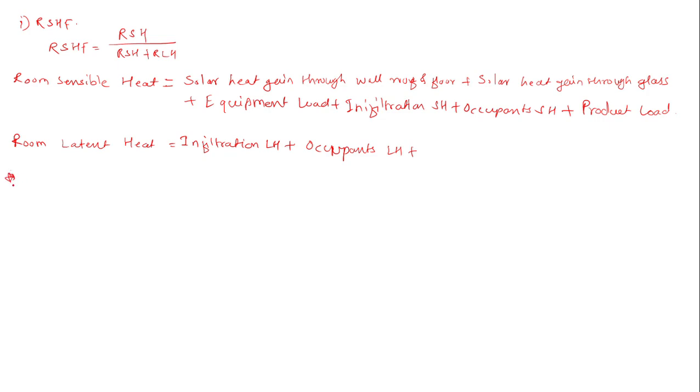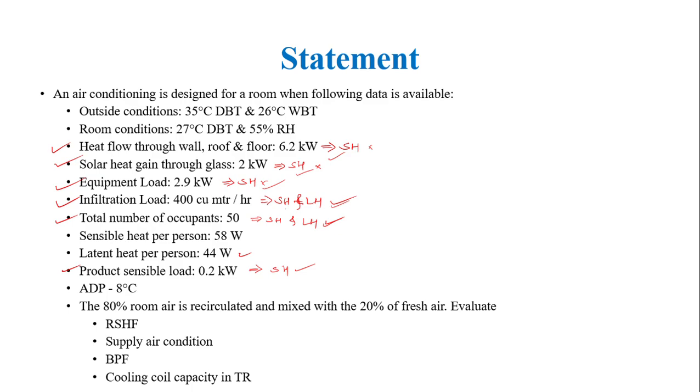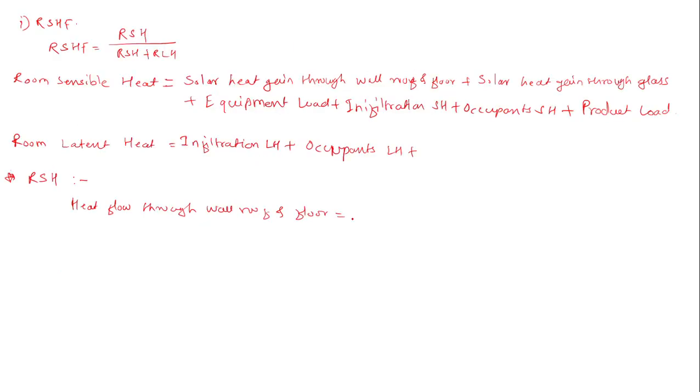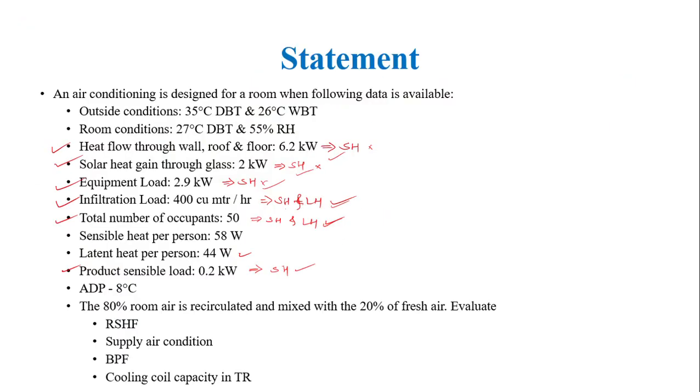So I'm finding the room sensible heat. First, heat flow through wall, roof and floor, that value they have given directly over here. It is 6.2 kilowatt, fine. Next, solar heat gain through glass is also given directly in the problem statement.